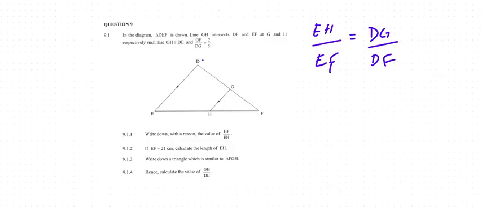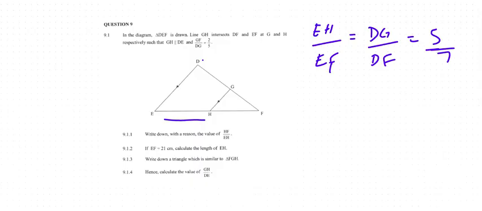We have to find out the value of EH. What do you think? We can say that the value of EH is 15. From here, HF by 21, the value of EF is 21, and we can solve it like that.